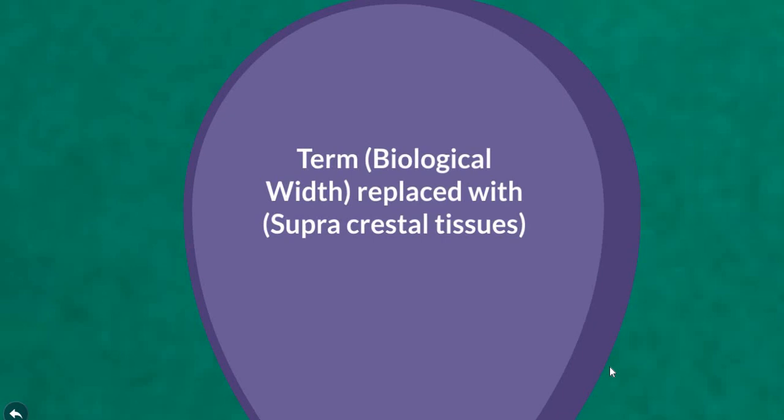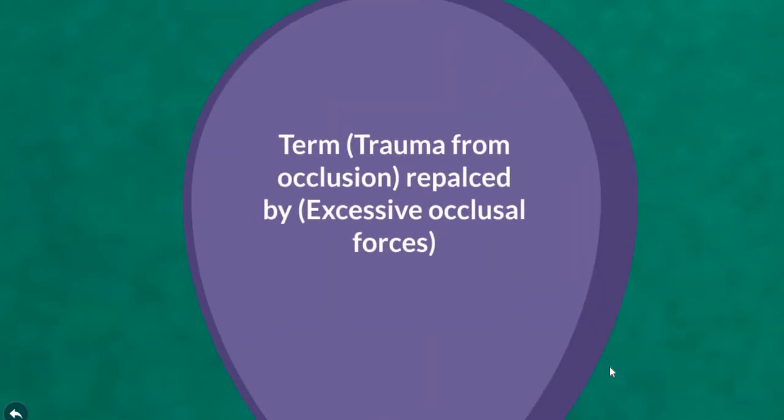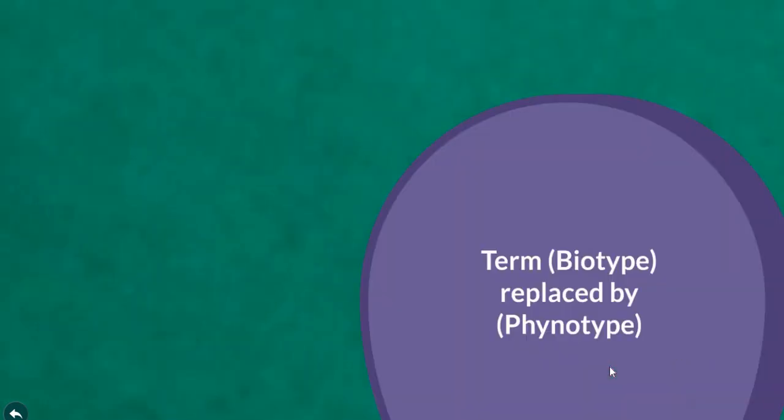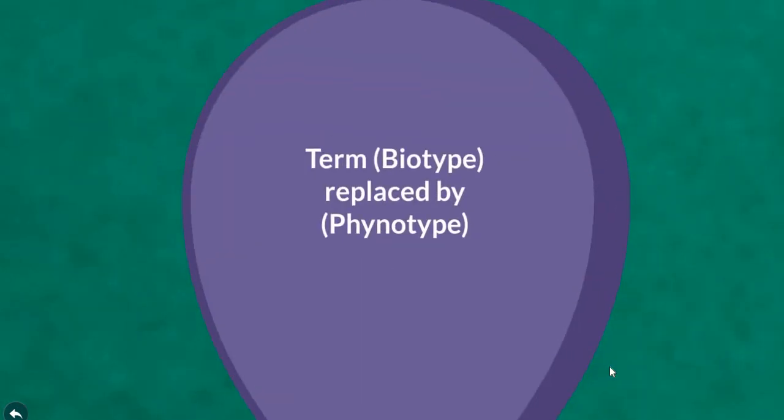The term biological width was replaced with supracrestal tissues. Trauma from occlusion was replaced by excessive occlusal force, because not all occlusal force is traumatic. So excessive occlusal force is traumatic. The term biotype was replaced by phenotype.